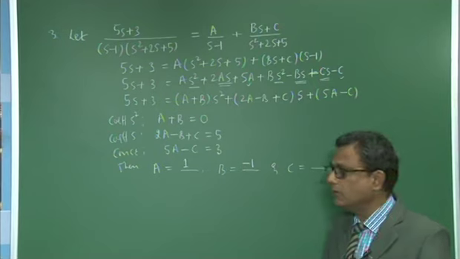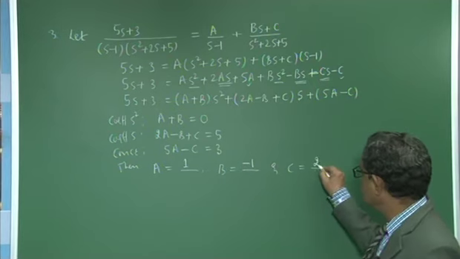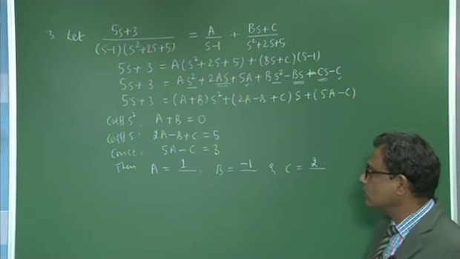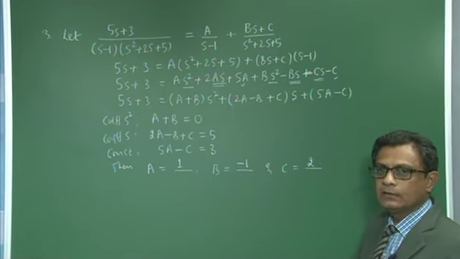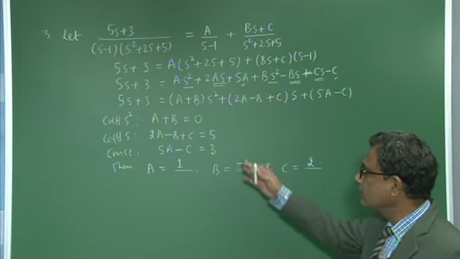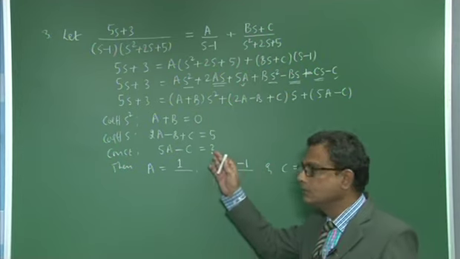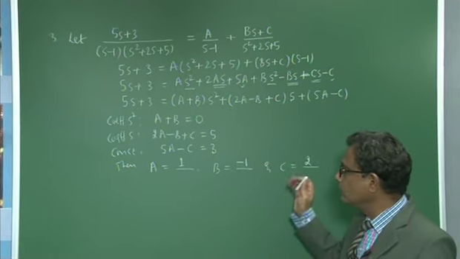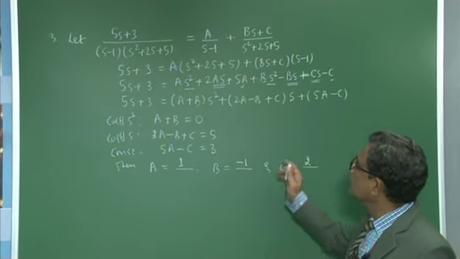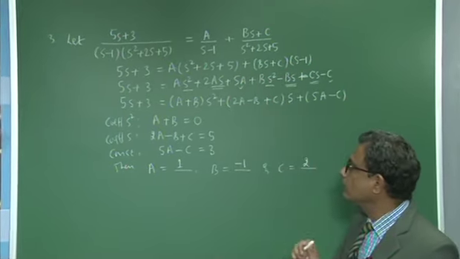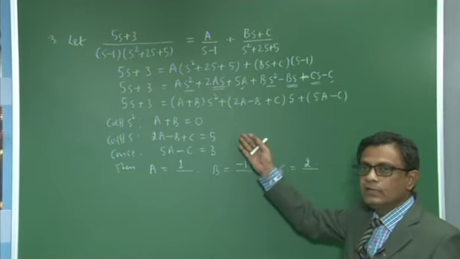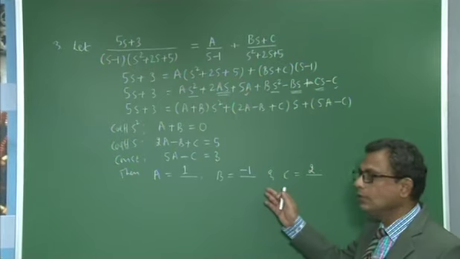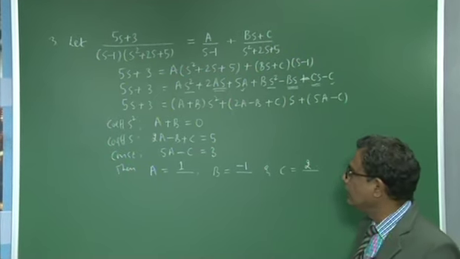Then the c value is 2. We got all the 3 constant values a, b and c. For the quadratic factor, just by equating the corresponding coefficients, we get all the constant values.